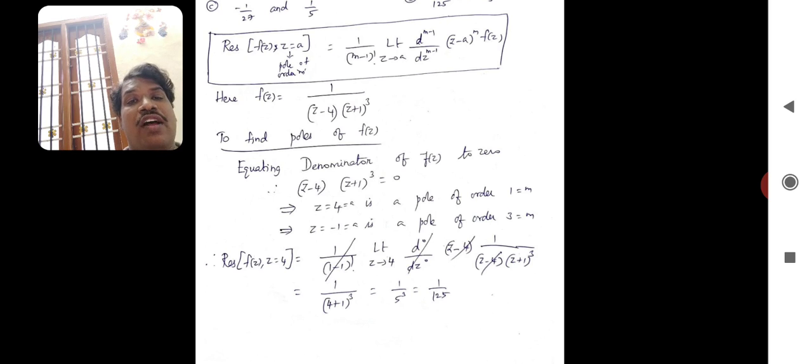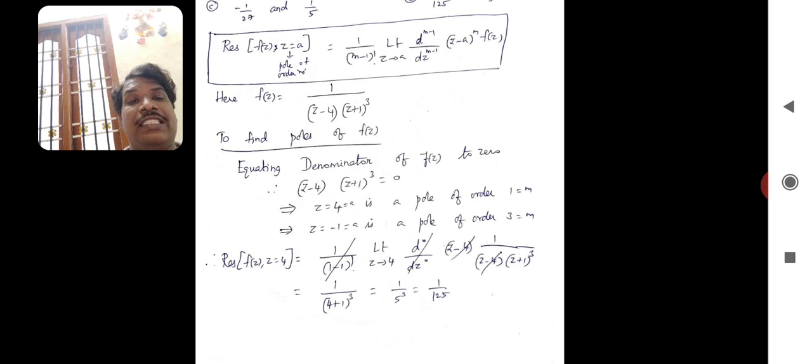So therefore, residue of f of z at z equals 4 equals 1 by (1 minus 1) factorial, limit z approaches a value 4, d power 0, because m value is 1, so m minus 1 becomes 0, d power 0 by dz power 0, (z minus 4) power 1 into f of z. f of z is 1 divided by (z minus 4) into (z plus 1) power 3.